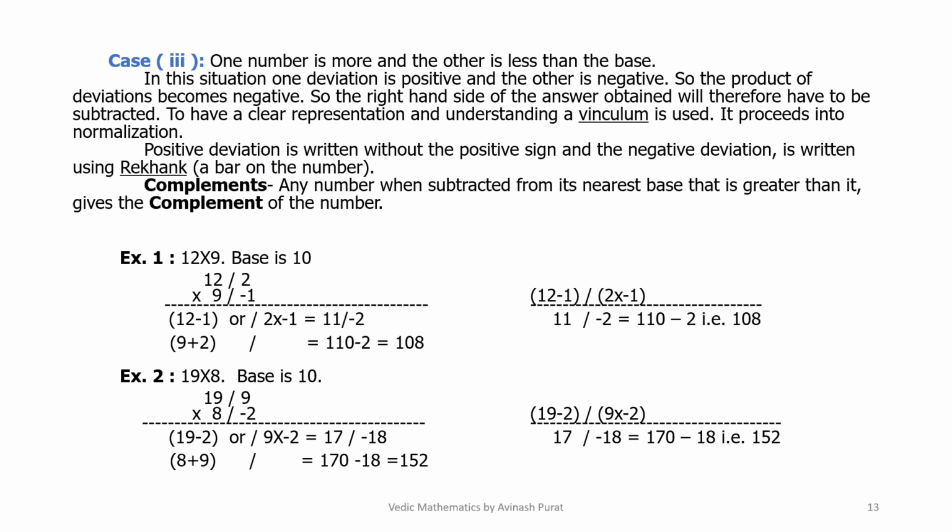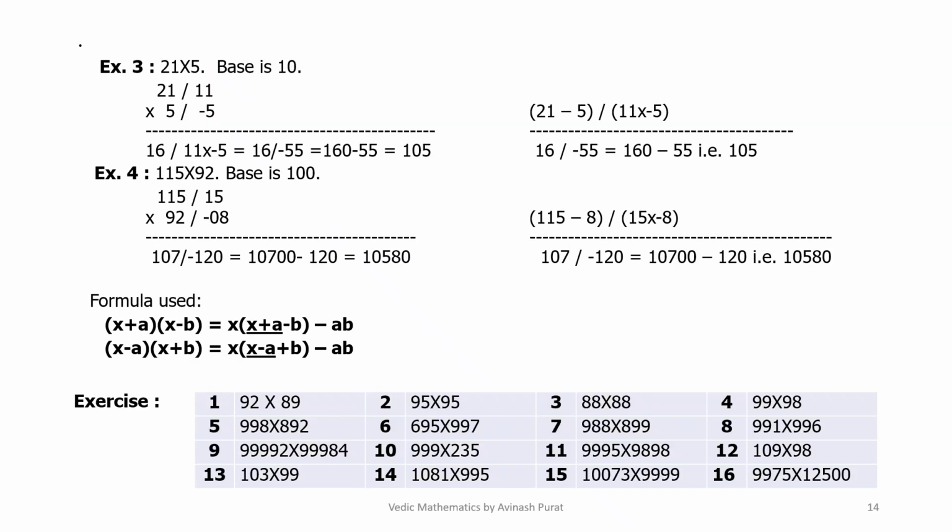that is 152. Third example is 21 multiplied by 5, base is 10 again. So 21 is 21 stroke 11 multiplied by 5 stroke minus 5 gives us 16 stroke 11 into minus 5 equals 16 stroke minus 55, that is 160 minus 55 equals 105.